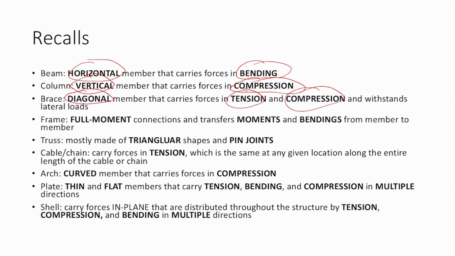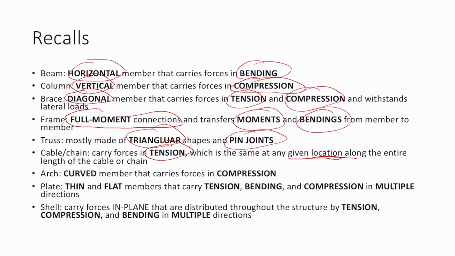Frame. They're full moment connections and transfer moments and bendings from member to member. Truss. They're mostly made of triangular shape and pin joints. Cable and chain. They carry forces in tension, which is the same at any given location along the entire length of the cable or chain. Arch.